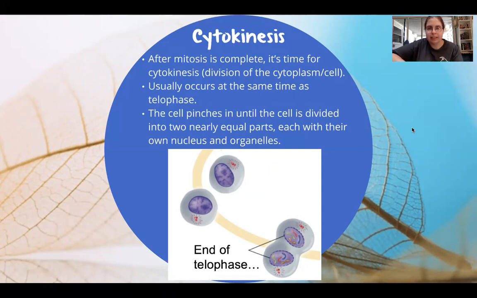So what it is, we have to now divide the cytoplasm, the organelles, and pinch in the cell membrane in order to separate into two new daughter cells. Because remember here, it's all still connected as one cell. But we want two cells.